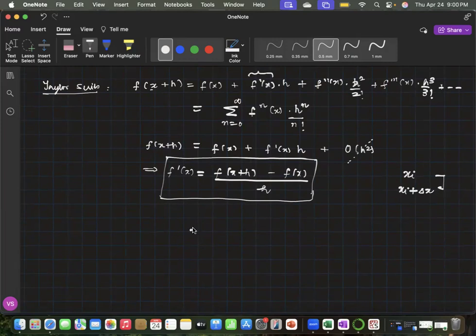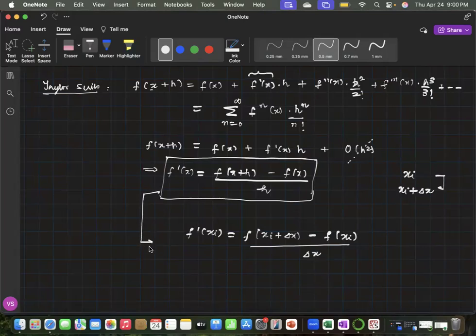And then we use this formula to get the derivative at x_i, which is f(x_i + delta x), h being the step size over here, minus f(x_i), over delta x, right? We've written the same formula, we've replaced h by delta x. So that's how you can find the derivative, right?